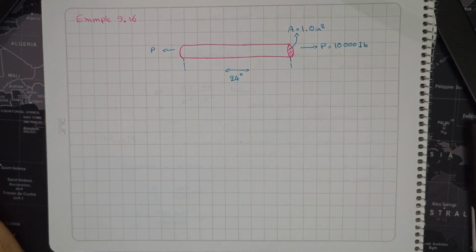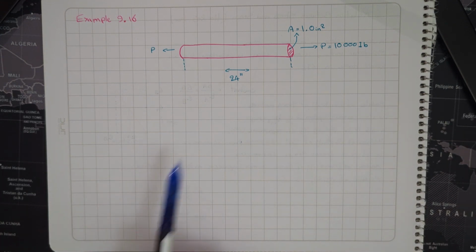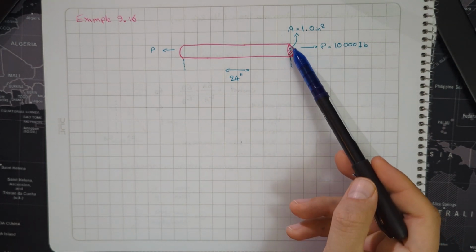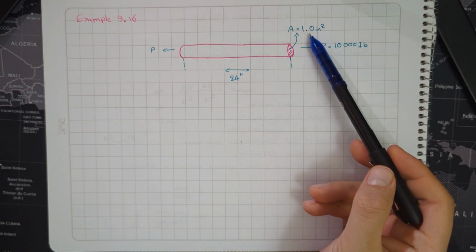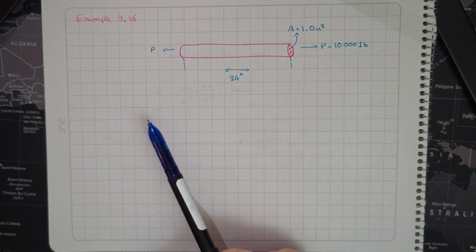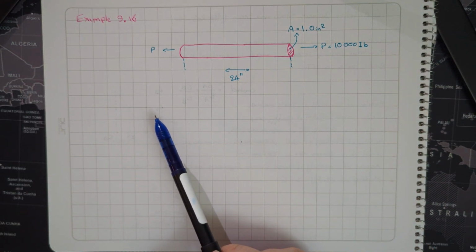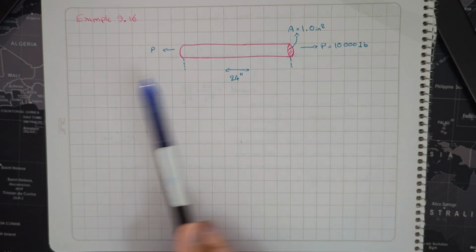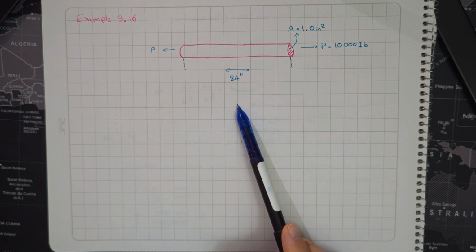Alright, example 9.16. It says a 24-inch long bar with a cross-section area of 1.0 inches squared is subjected to an axial tensile load of 10,000 pounds, shown in this figure.